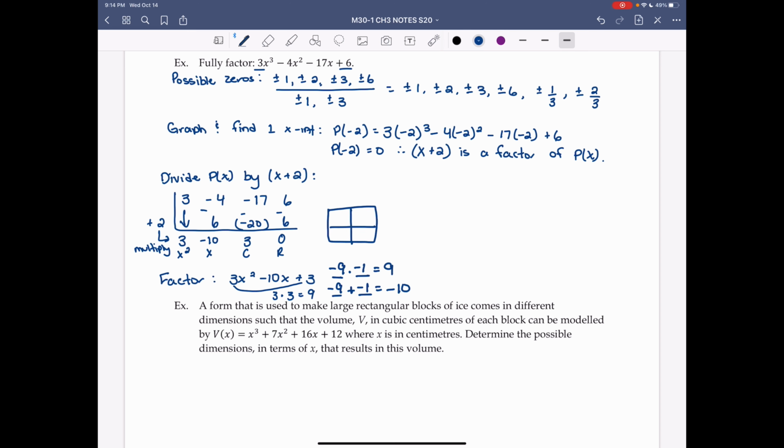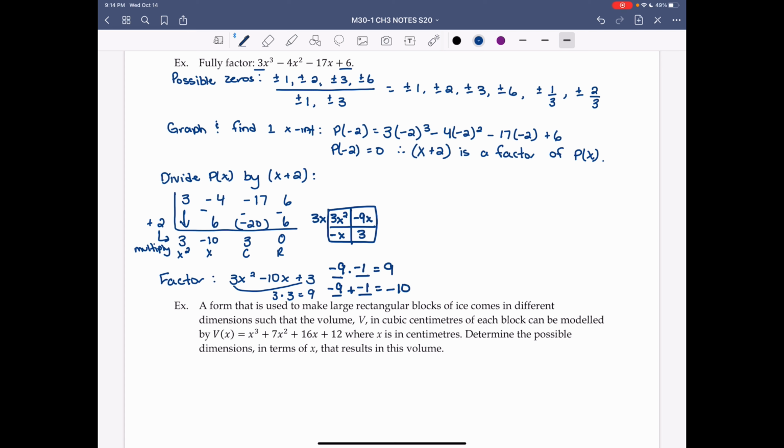First box is 3x squared. Bottom right box is our constant term of 3. The other two boxes are -9x and -1x. Common factor each row and column. First row, 3x squared and -9x is 3x.